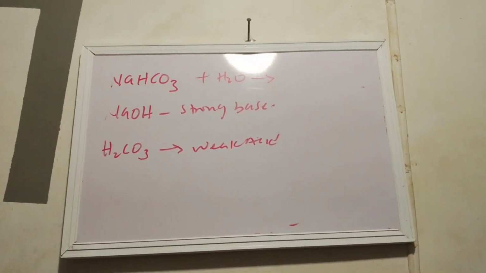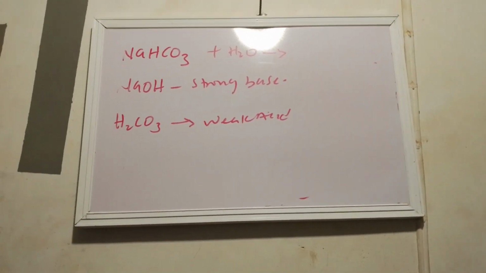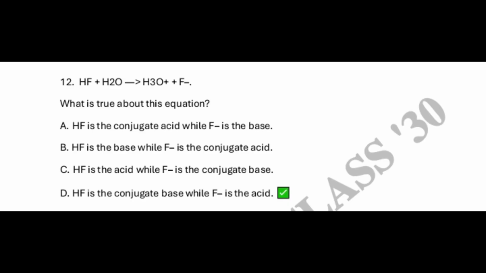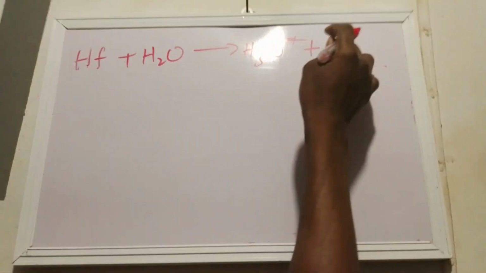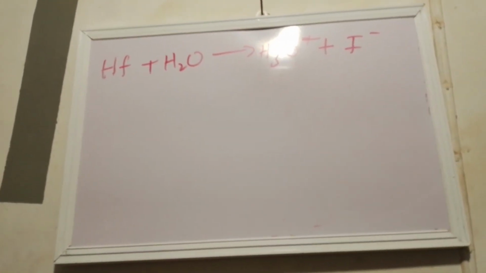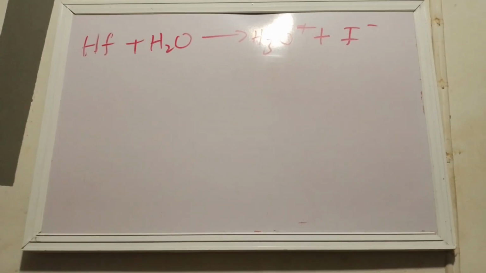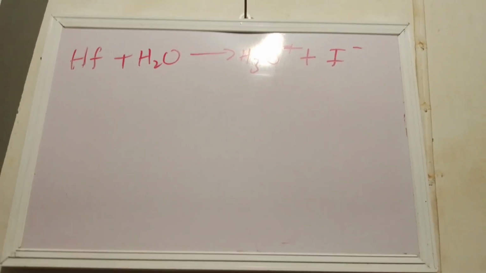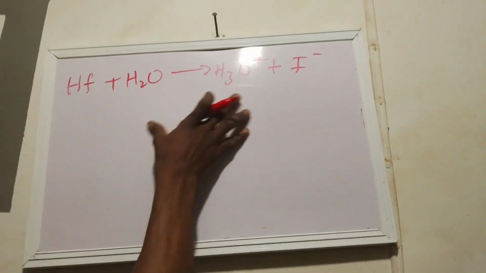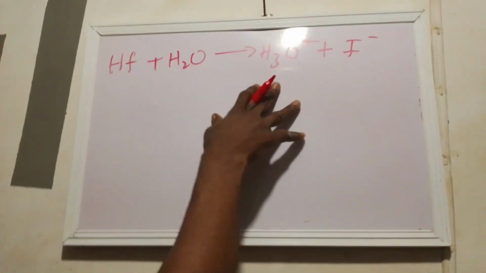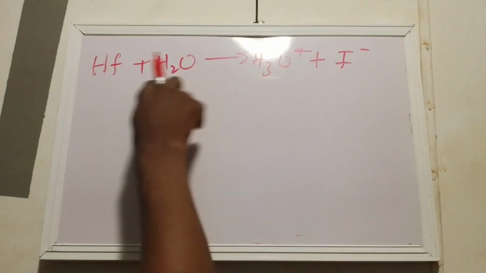According to Bronsted-Lowry theory, the acid there is going to be the hydrogen fluoride because it has the ability to lose one hydrogen, and the water there is the base because it has the ability to gain hydrogen from hydrogen fluoride, hydrofluoric acid, to form hydronium ion. So the correct answer will be that hydrogen fluoride, hydrofluoric acid, is the acid, while fluoride ion is the conjugate base, because that fluoride ion can gain hydrogen to form hydrogen fluoride back. So that's the conjugate base.